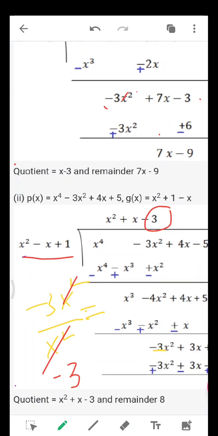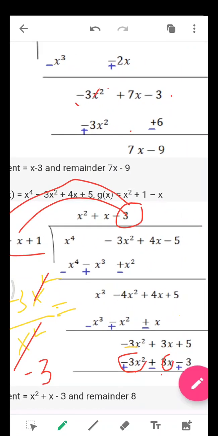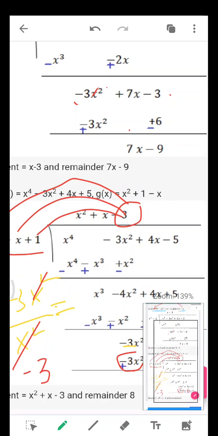So x square into minus 3 is minus 3x square, minus x into minus 3, minus into minus is plus 3x, and the last one is 1 into minus 3, which is minus 3, which came here.